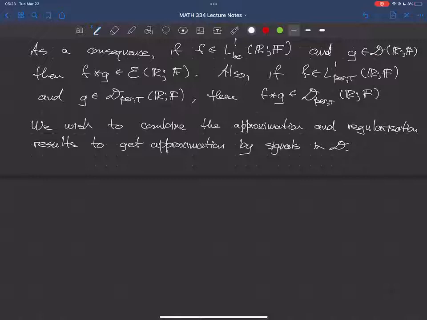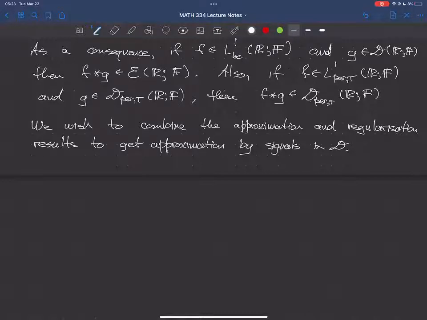First, what you need is a class of signals, which we're going to take in the periodic case, or here in the aperiodic case, which converges to the Dirac.